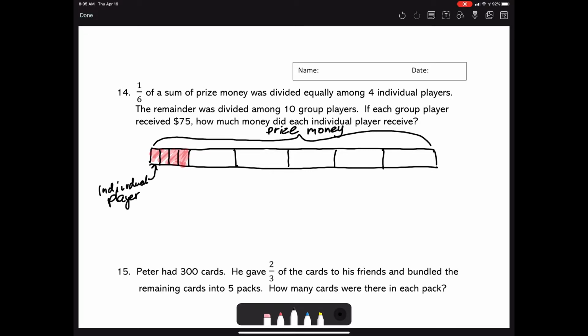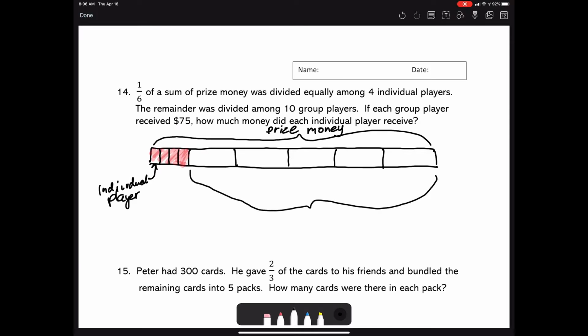Now, if I read on, it says the remainder was divided among 10 group players. So the remaining prize money after the 1/6 would be this part. We'll just label that remainder.